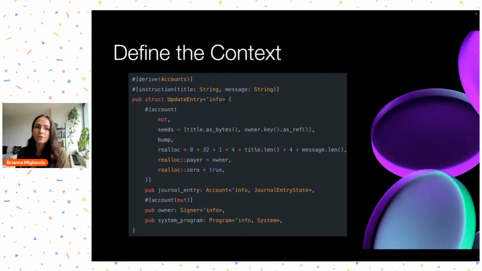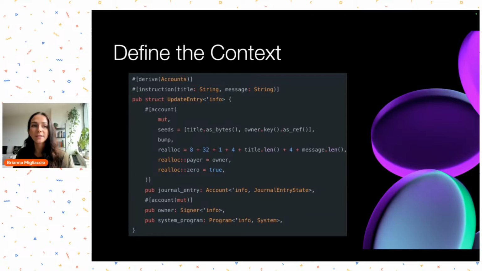What this is doing is a constraint within the Anchor macro that's able to reallocate information. So I'm specifying a payer here, and I'm specifying a new space. The reason this is needed is because information can change and I can take up a different amount of space on chain. If my first message was just hello, I'm taking up a very small amount of space on chain.